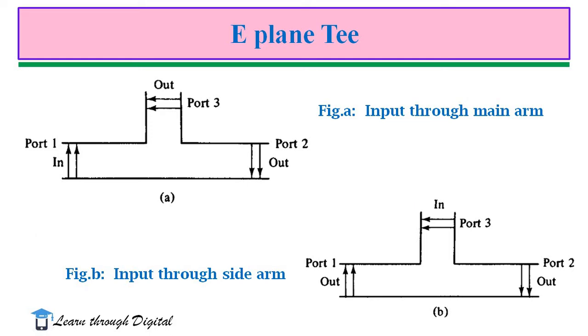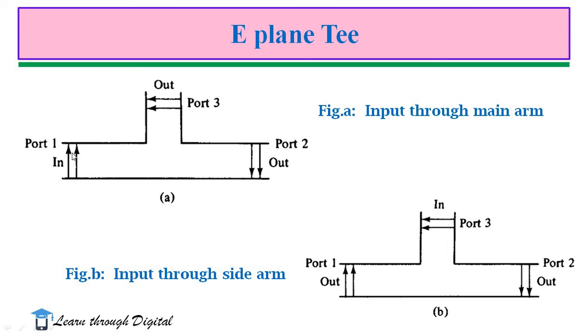There are two ways of transmission in the E-plane T. Figure A represents when the input is given through the main arm. We consider that if two inputs are given at port 1 and 2, and the input waves are of same magnitude and opposite polarity, the output will occur at port 3.